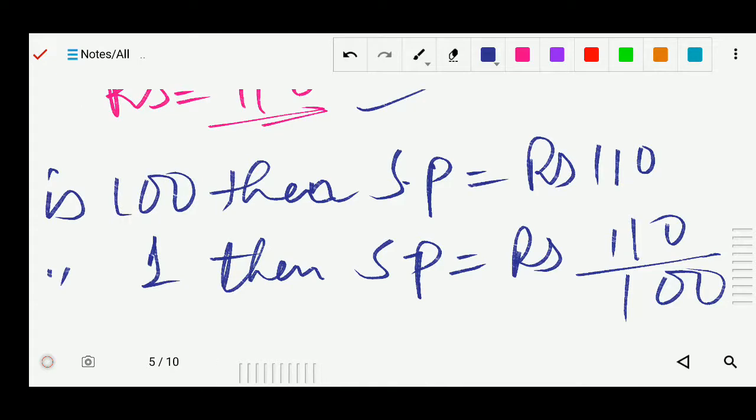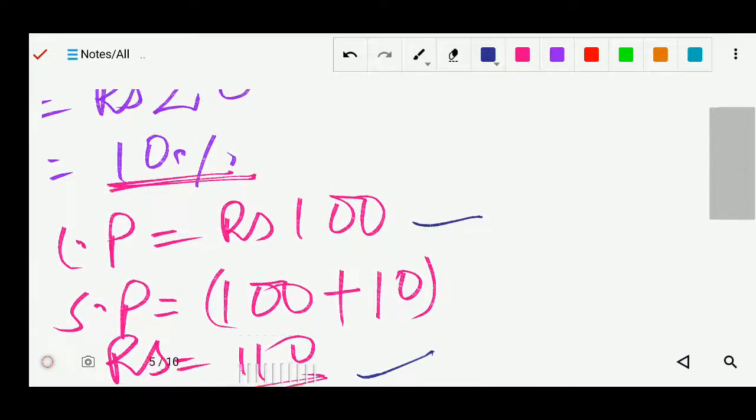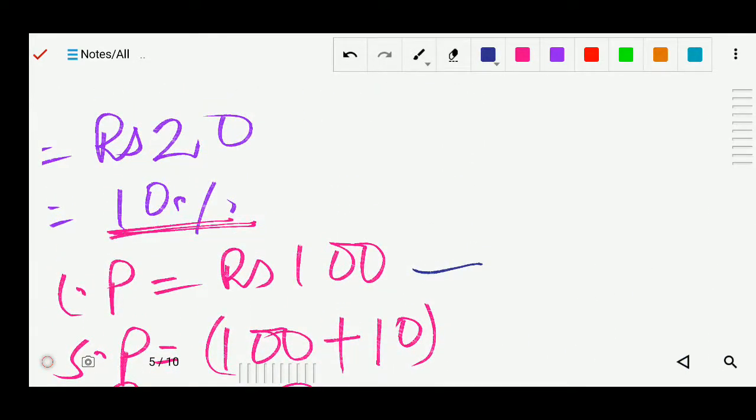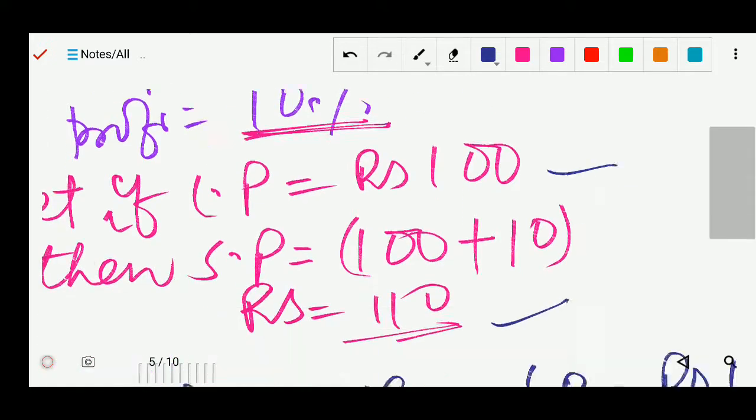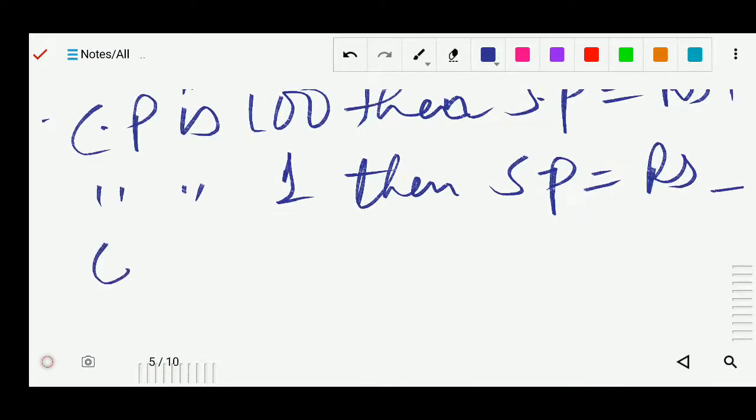Now we will come to our question. Because already we know the cost of one article, now we can find the cost of 20 easily. Okay, so that I will use here. That is also cost price. So cost price, same statement you can use.